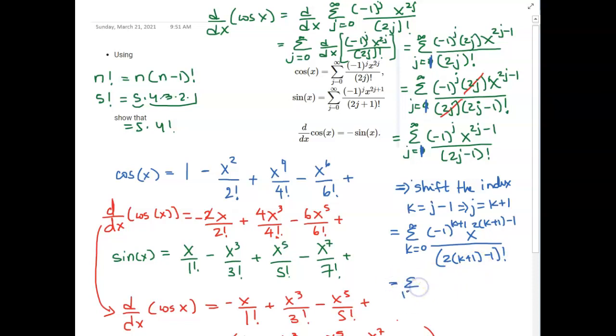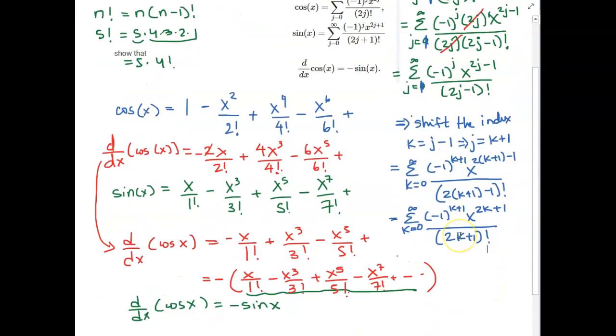So this is k equals 0 to infinity, (-1)^(k+1), x to the 2k plus 2 minus 1, which gives me 2k plus 1. And then here, 2k plus 2 minus 1 gives me (2k+1) factorial.